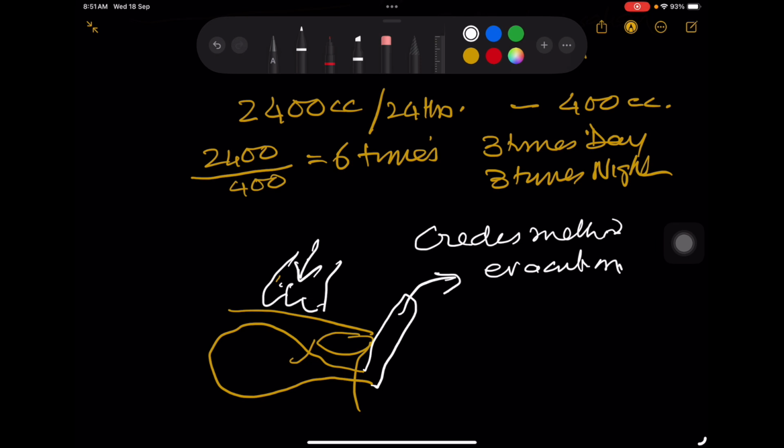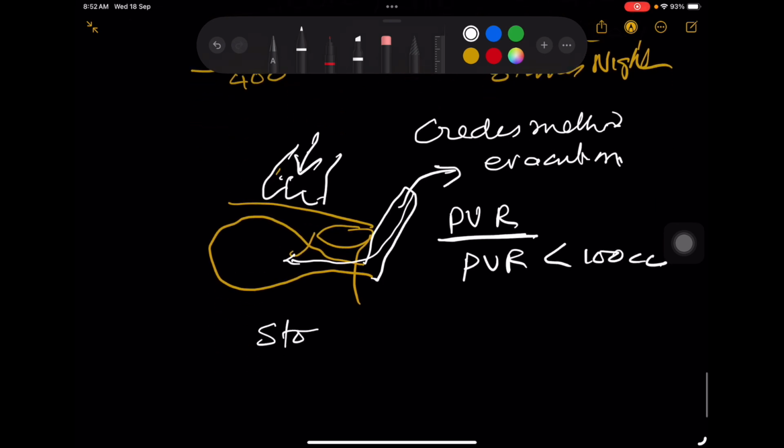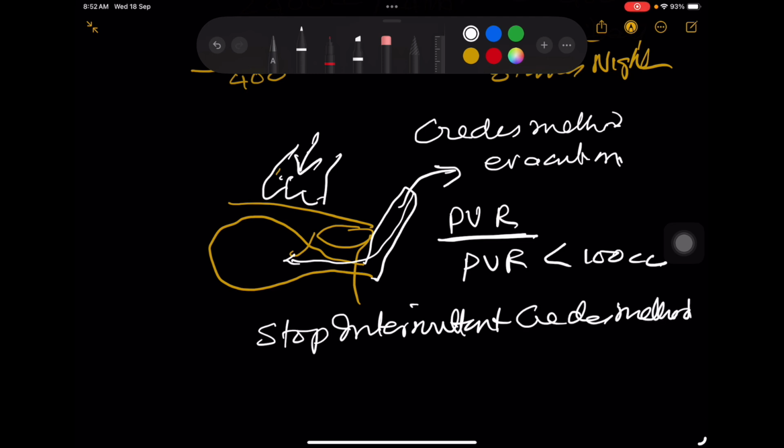After manual evacuation, you put in a catheter and measure the post-void residual. When the post-void residual is less than 100 cc's, then you stop intermittent catheterization and maintain evacuation by Credé's method. So this is the method of management of neurogenic bladder.